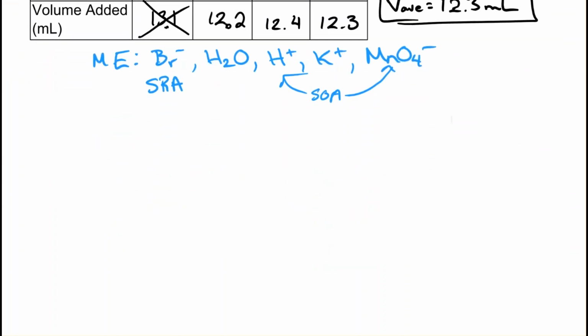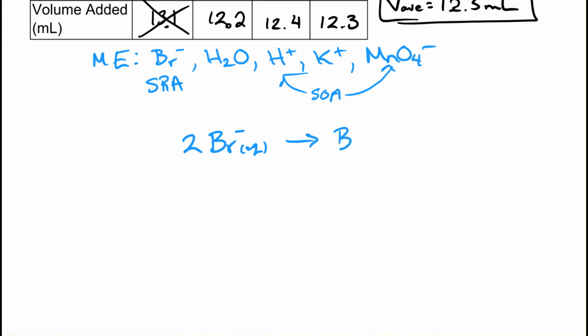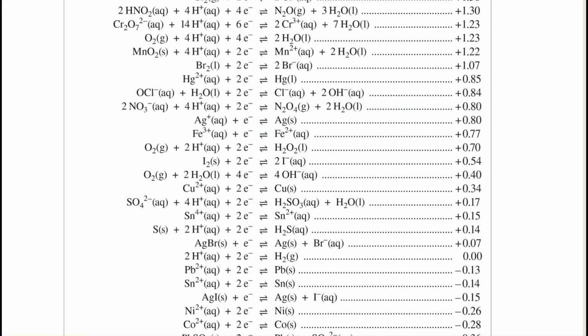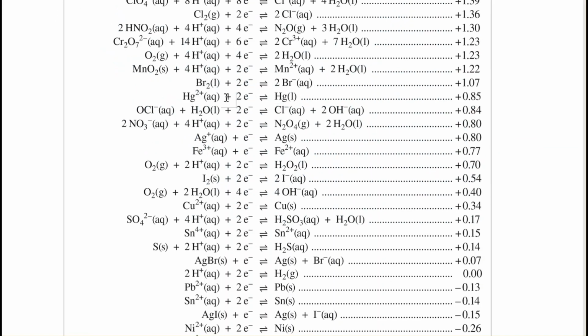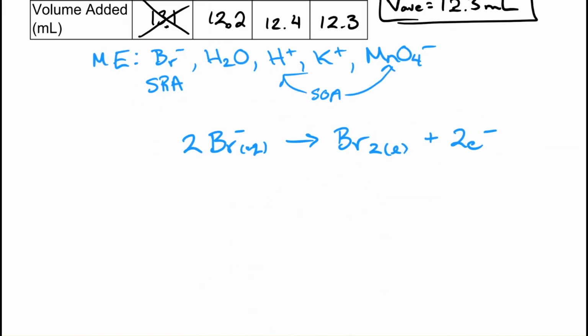So let's go ahead and write out those reactions. 2Br minus turns into Br2, liquid or aqueous, plus 2 electrons. That's just this half reaction written backwards. That's all it is. And we've got the other half reaction, which is the acidified permanganate.